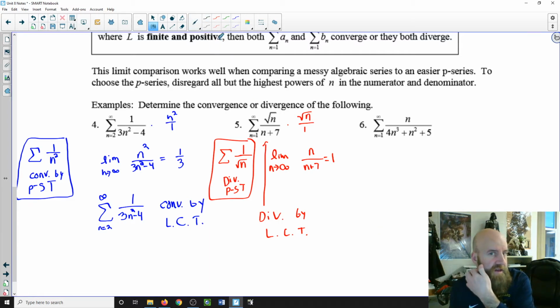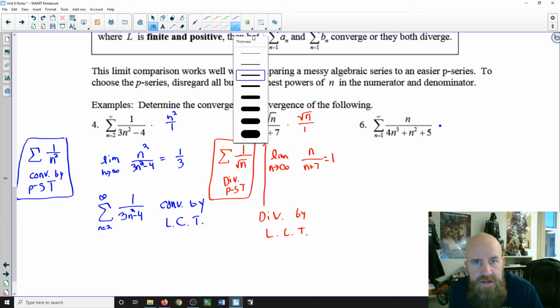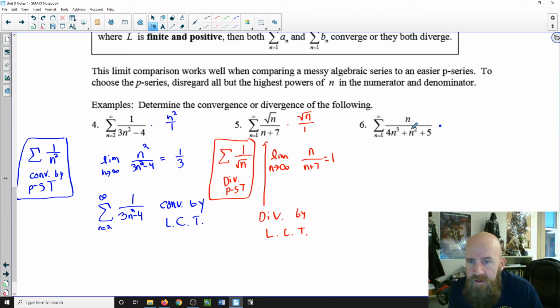All right, let's take a look at one more example here. Looking at this situation, I want the highest powers to match on the top and the bottom. We have a third power on the bottom, first power on the top, so I'd have to multiply the top by n squared over 1. So we need to figure out what this does.